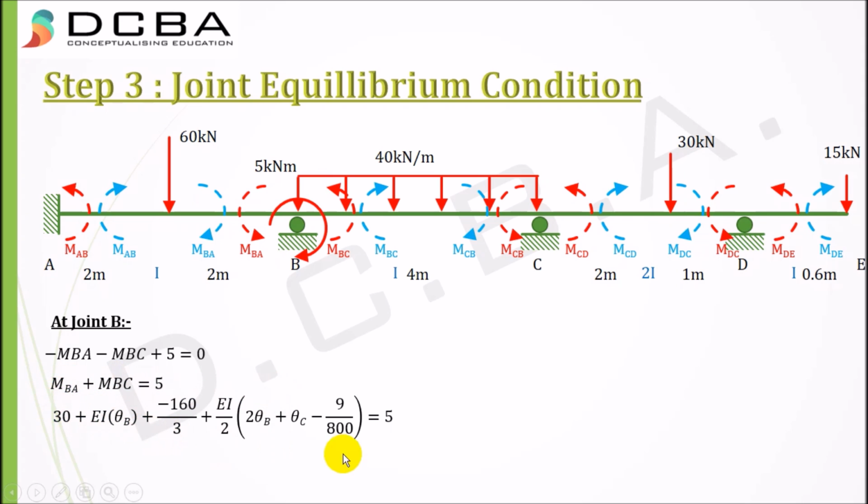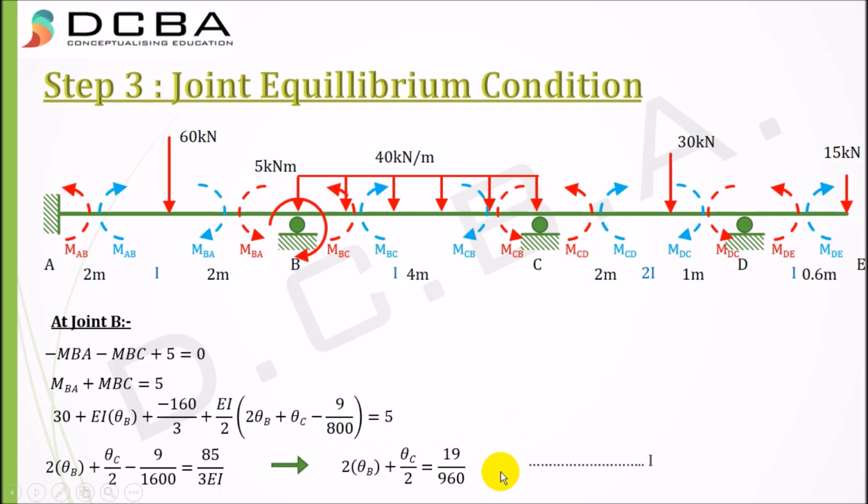And now I have to simplify this whole thing. 2 theta B plus theta C by 2 minus 9 by 1600 equal to 85 by 3 EI. I have taken EI on the right hand side, so it will go into the denominator, and again simplifying this, I get 2 theta B plus theta C by 2 equal to 19 by 960. I'll write this as equation 1.